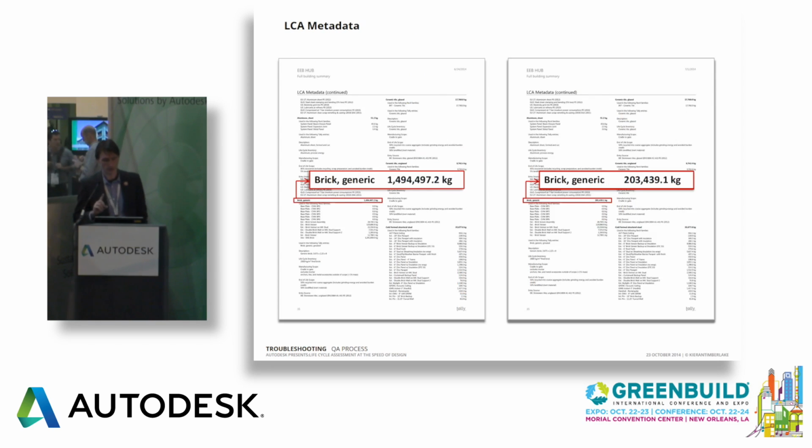A couple other tips and tricks just regarding troubleshooting. This is something that we find through experience on doing LCAs. There's an enormous amount of information that goes into these, even both on the back end in terms of providing those LCA data points, but also as a user of BIM integrated LCA software. And one thing that we find quite commonly is that our BIM models certainly don't include everything that's in the building.